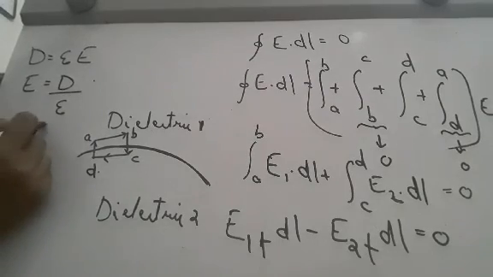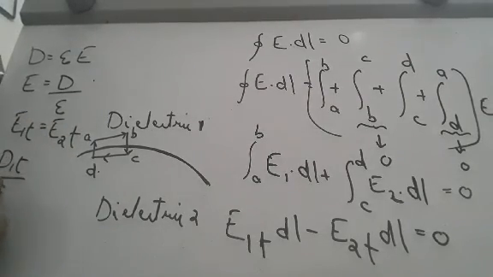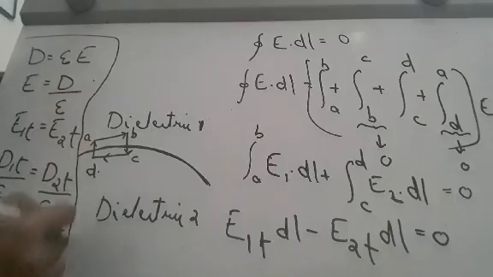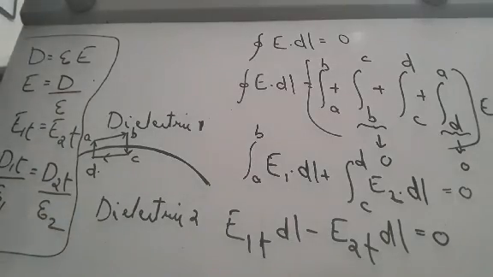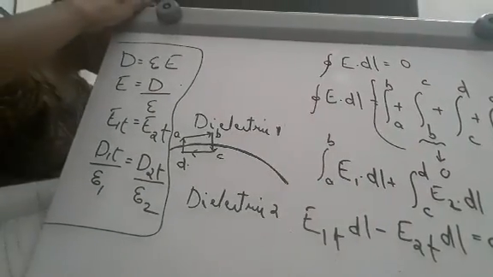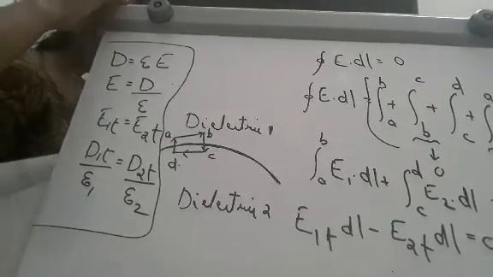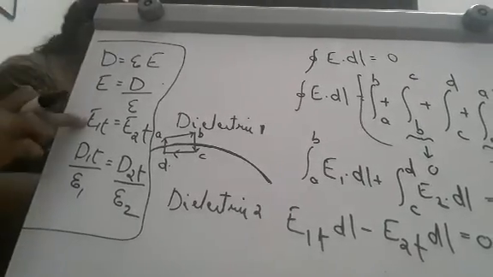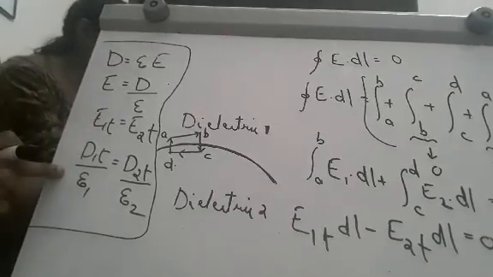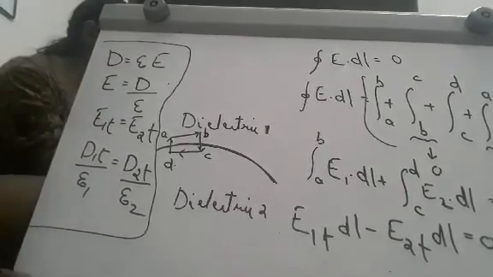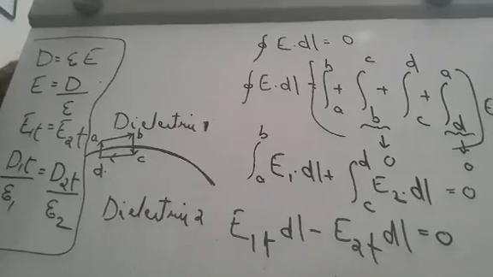So E1t is equal to E2t and D1t by epsilon 1 equal to D2t by epsilon 2.